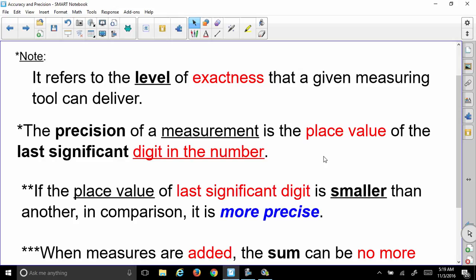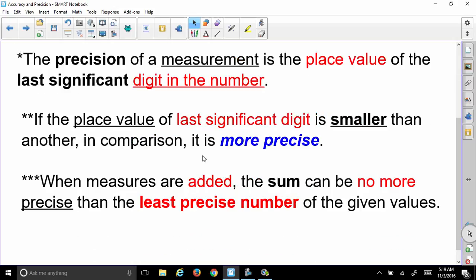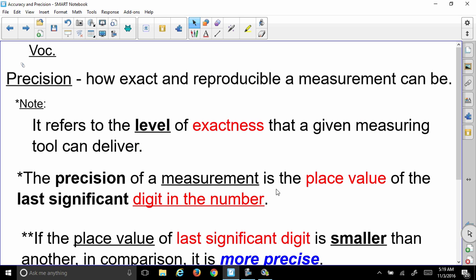It's a place value. Of the significant digits, it's the last one in that number. If the place value of the last significant digit is smaller in comparison, it's more precise. When measures are added, by the way, the sum can be no more precise than the least precise number of the given values. So that's good to know also.